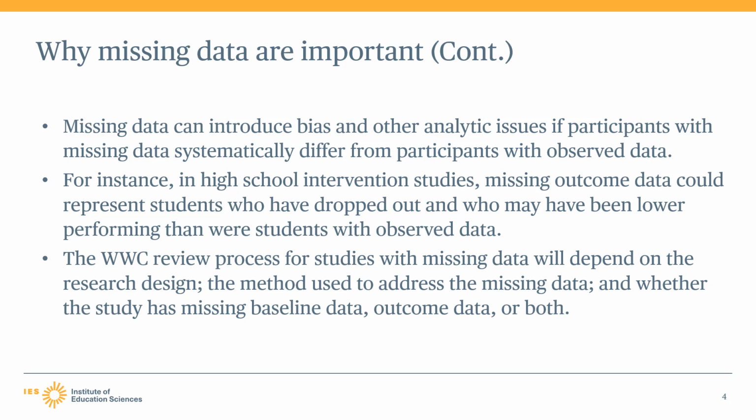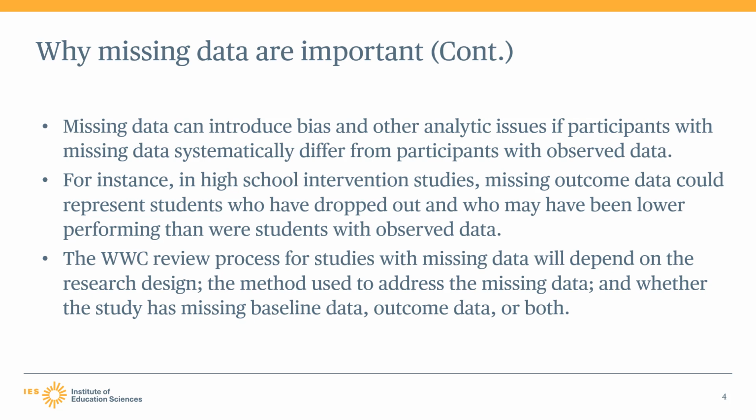In these types of studies, students who drop out of high school may be more likely to have missing outcome data, but these same students are also more likely to be lower performing than those students who do have observed outcome data. To address missing data, study authors can use a variety of analytic approaches. For instance, they might focus on the analytic sample of participants for which all data were collected, or they may even impute values for the missing data so that more participants can be included in the analysis.